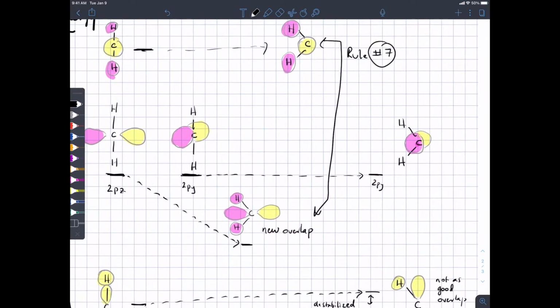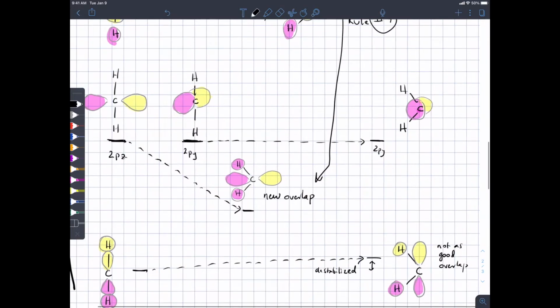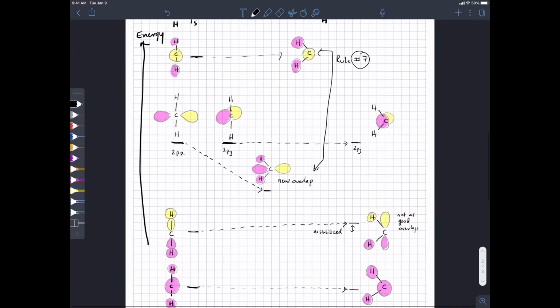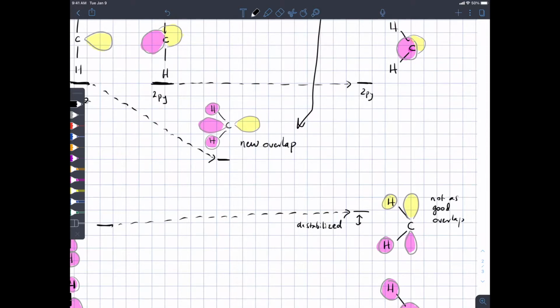And rule number 7 is that when you have two orbitals with the same shape, but they differ in the type of atomic orbital that's on one of the atoms, such as 2s here versus 2pz here, we mix them together to get new hybrid orbitals, as we did for going from planar methyl to trigonal planar methyl.